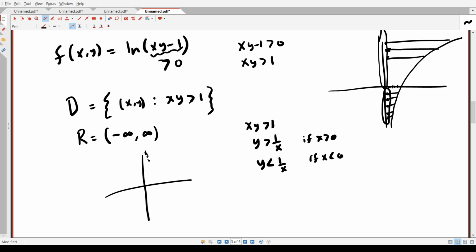I'm going to draw it in a dotted line. All right, so that's the graph of 1 over x. And the region that I'm interested in is bigger than 1 over x if x is positive, so that's this region. And less than 1 over x if x is negative, that's going to be this region.